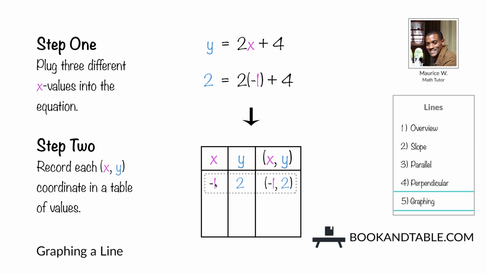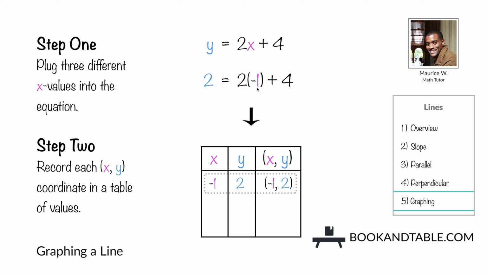If you're graphing a line, step 1, plug 3 different x values into the equation. So let's say you were given the equation y is equal to 2x plus 4 and you wanted to sketch this. We're going to use -1, 0, and 1 for our x values. So step 2, you record each x and y coordinate in a table of values.